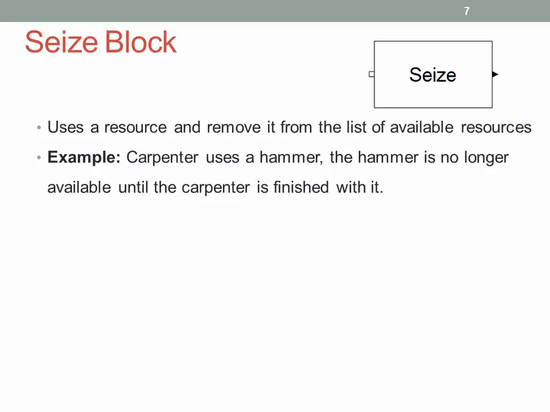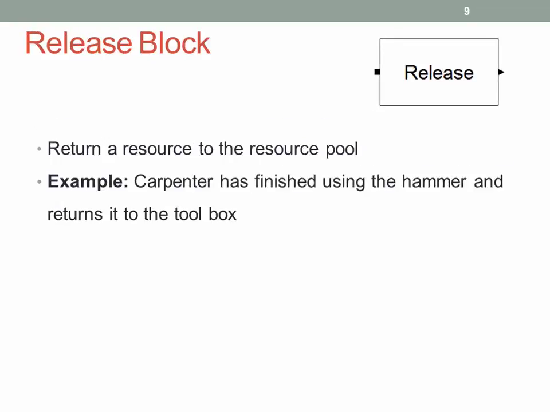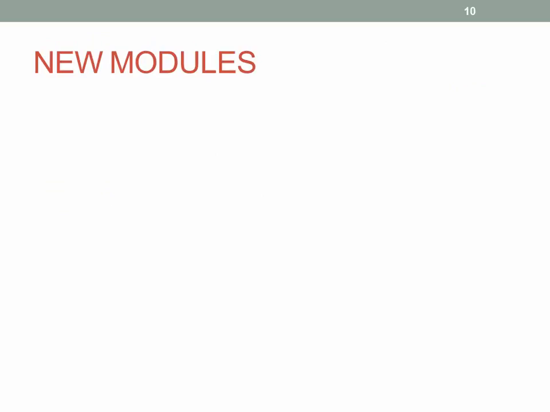We talk about how we need to use a resource module in the elements, and also to define our experimental frame. And then how to represent a resource using the seize, delay, and release blocks. So those are the 3 blocks that are listed here. And we already know what's the difference between them and what is the purpose of each one of them.